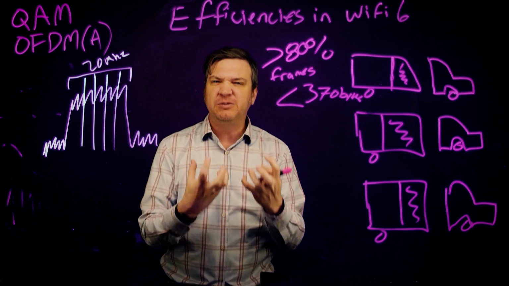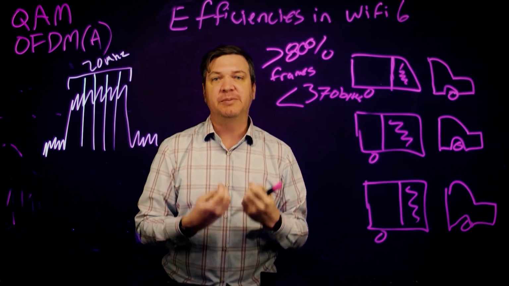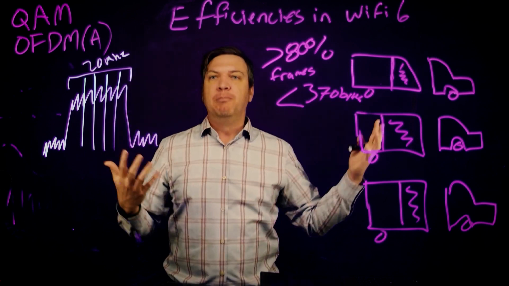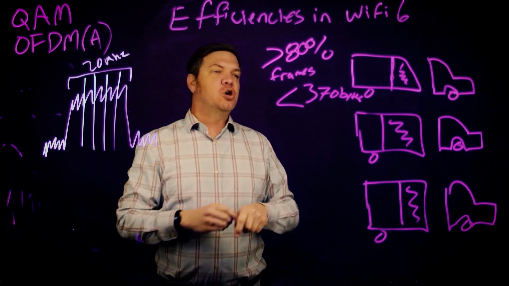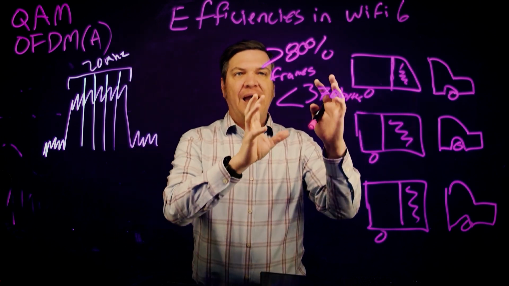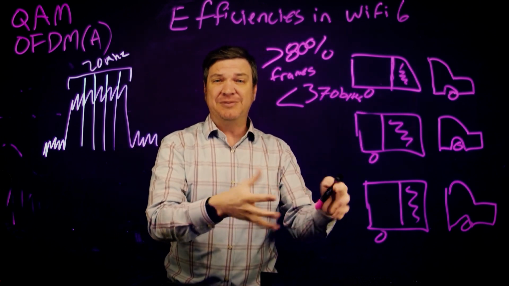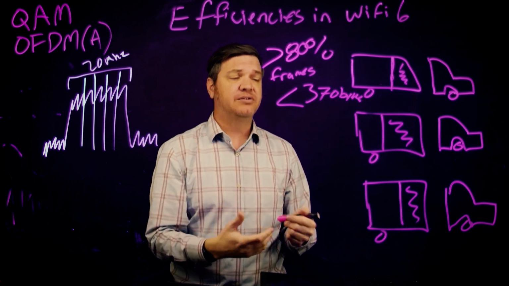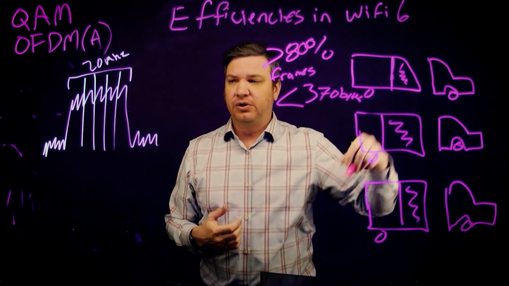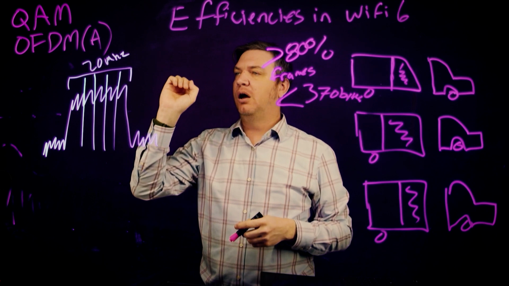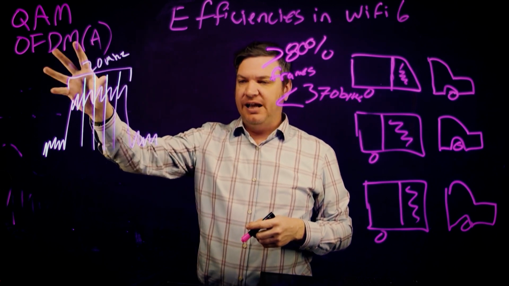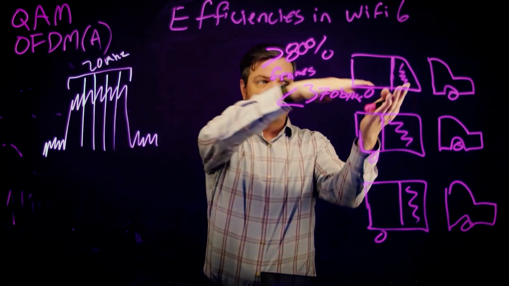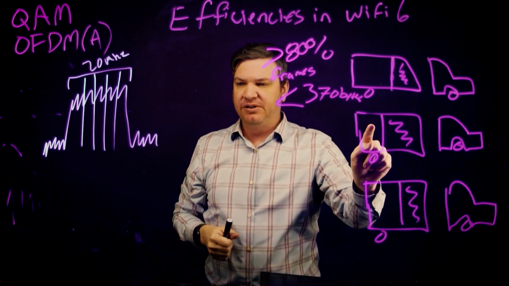So we break things up, especially with real-time data, especially with voice, especially with video, all the stuff that's blowing up, right? So a lot of times when you have 80% of your wireless frames less than 370 bytes, these trucks aren't very full. So where OFDM gave us some efficiency, it still lacked because there was still a lot of empty space.